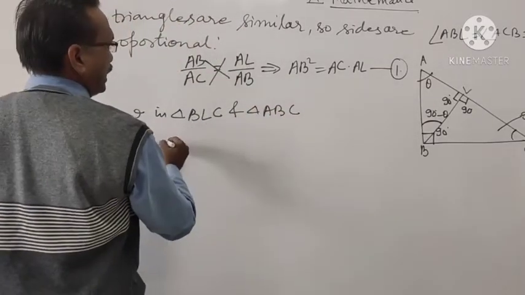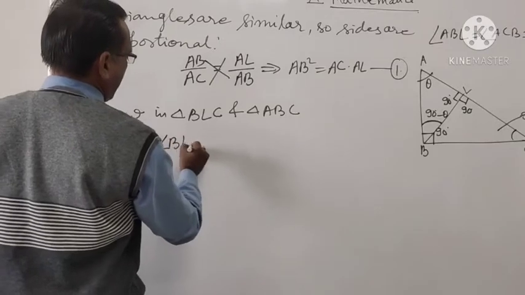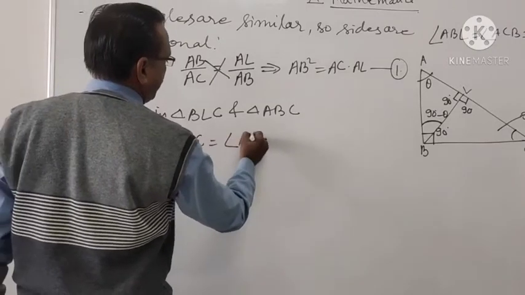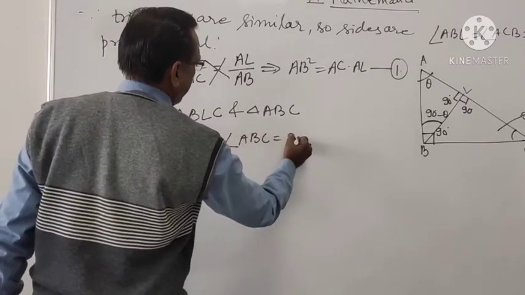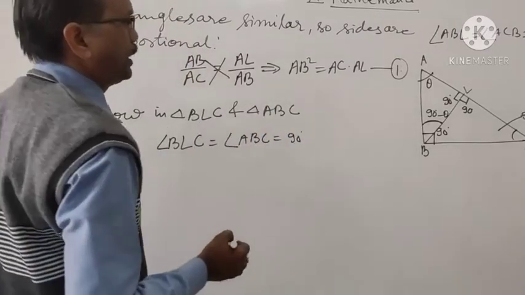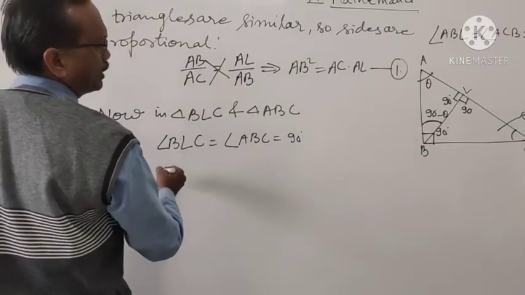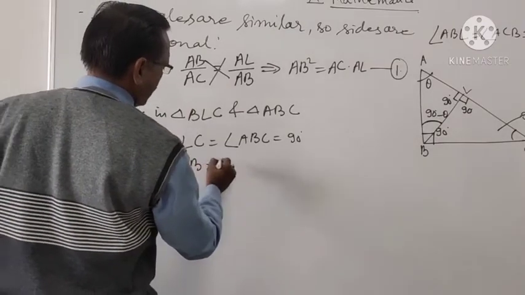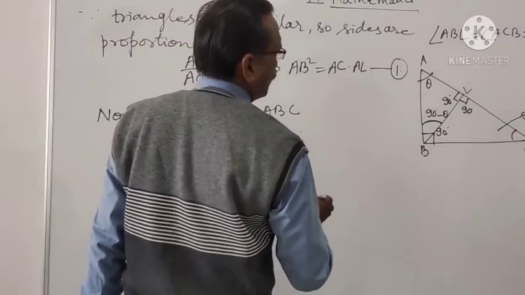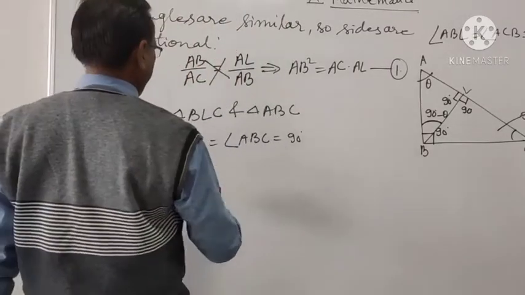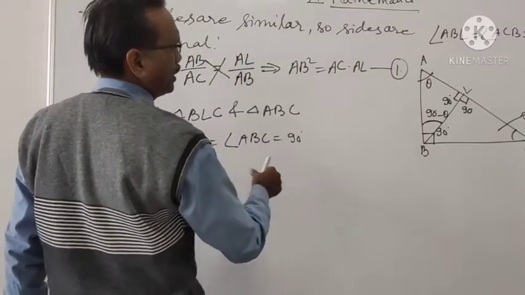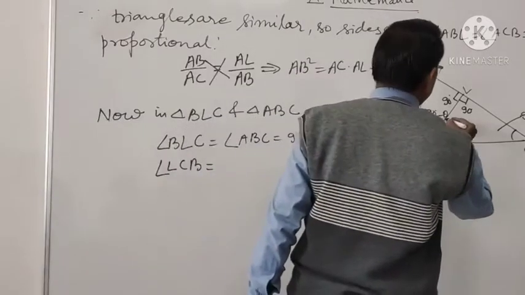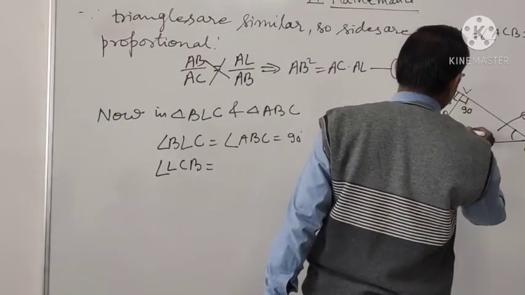Here angle BLC equals angle ABC, both are 90, and angle LCB equals, let's see, this angle is 90 minus theta, this is theta.